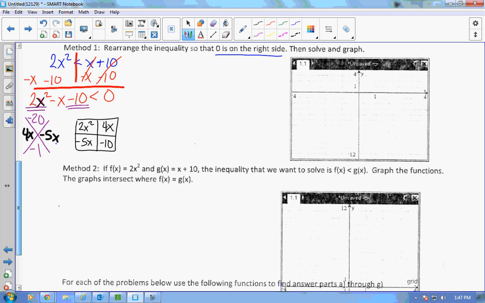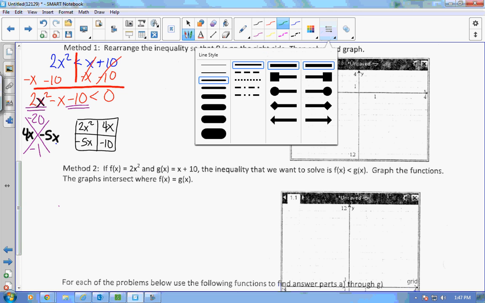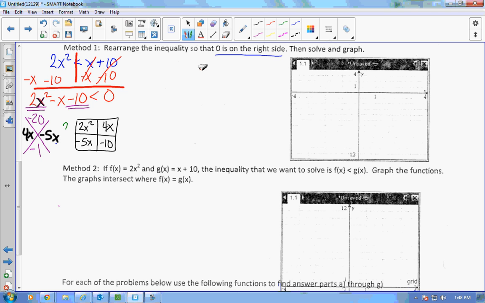Okay? So, now what do we do? In the rows and columns, right? Okay, Cindy, what is the greatest common factor in the top row? 2x. Yeah, they have that x.